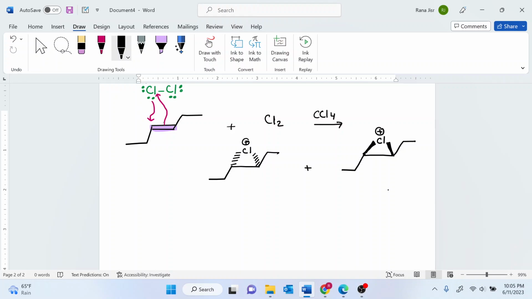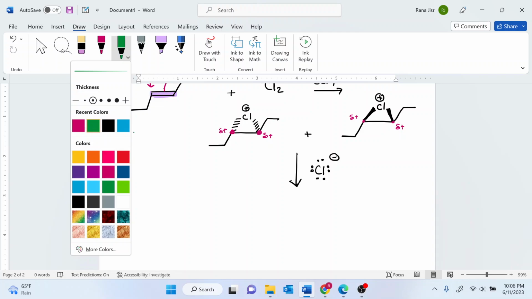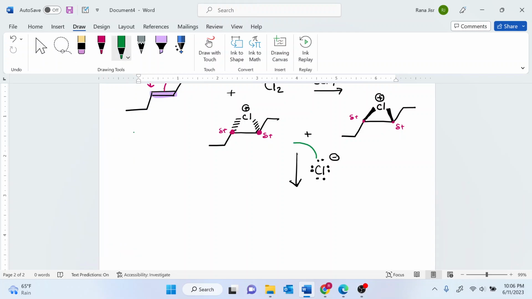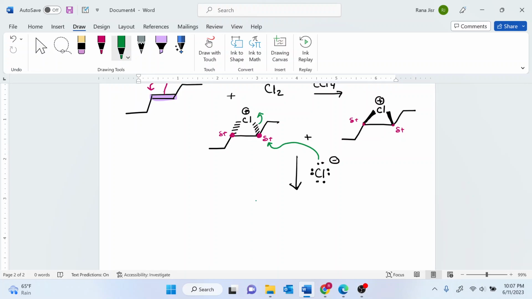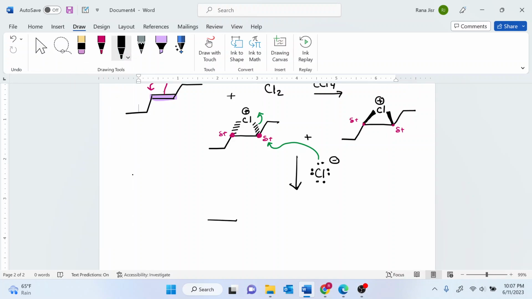And there. Now, the Cl minus, of course, is going to leave, and that is going to be in the solution. Now, the chlorine is going to come and attack each one of these carbons, and it doesn't matter which carbon it's going to attack because both have the same degree of substitution. Here you go. So this is going to leave, and you are going to end up having your single bond.